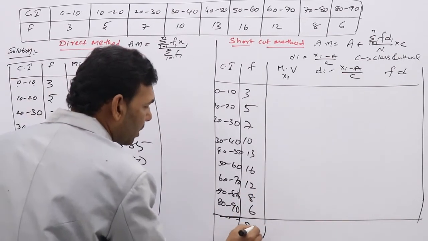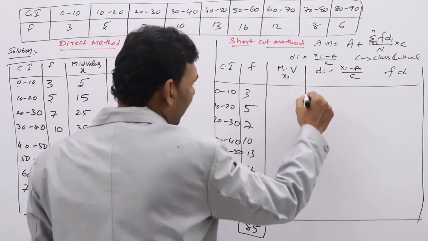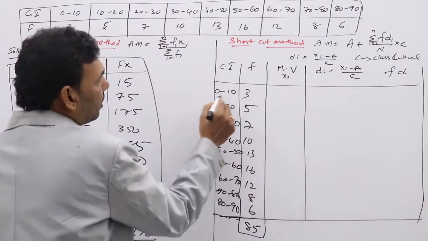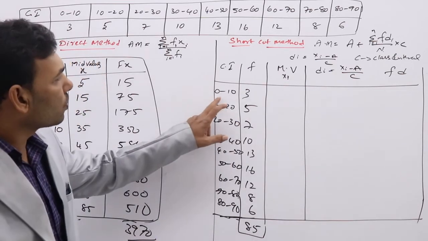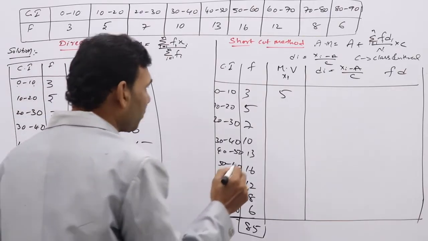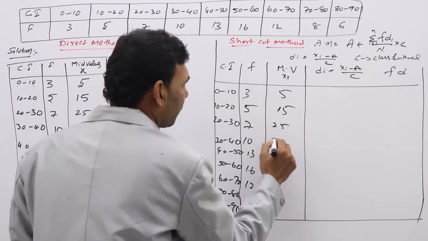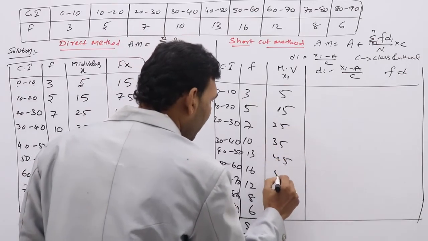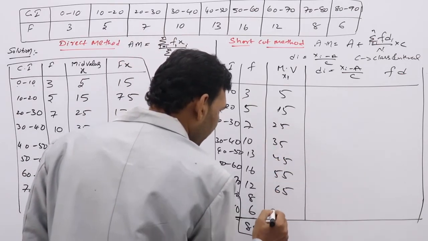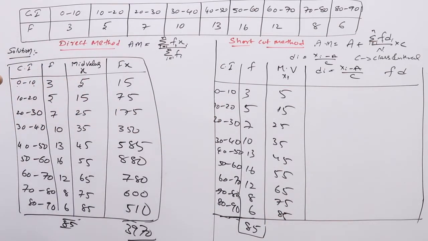This total we already calculated, 85. The mid values are also calculated: 0 plus 10 by 2, 5; 10 plus 20, 30 by 2, 15; add 10, 25, 35, 45, 55, 65, 75 and 85.